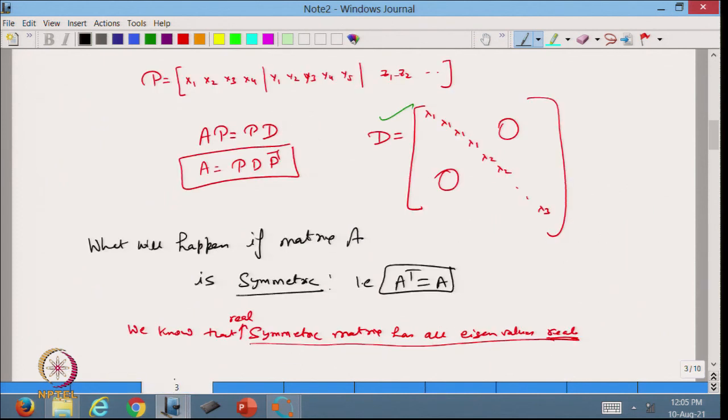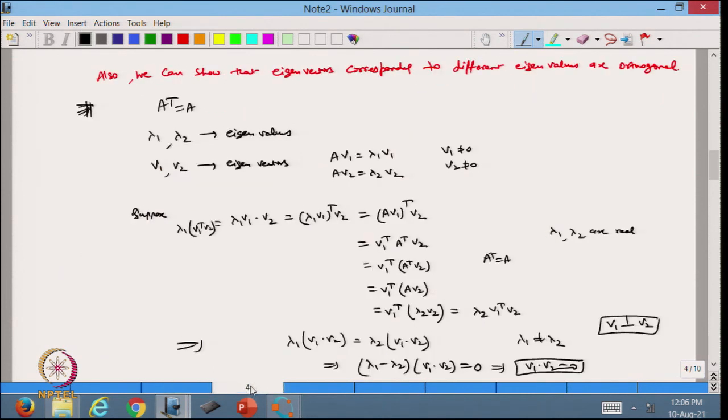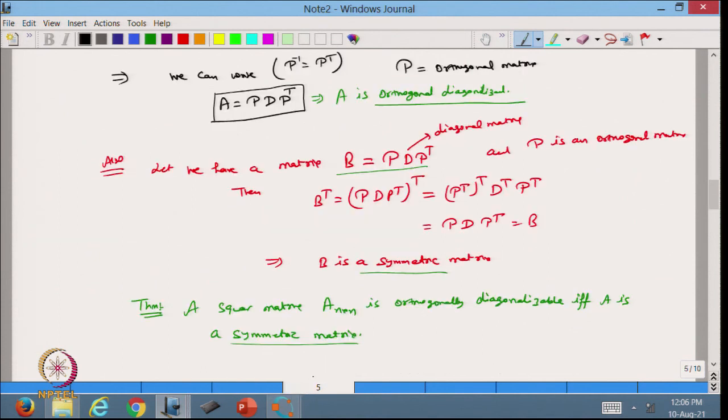We have seen that things become simpler when the matrix P is orthogonal, and that is only possible when the matrix A is symmetric. If a matrix is symmetric, then it is orthogonally diagonalizable, and with that we are able to find P transpose instead of P inverse. That is one of the benefits.